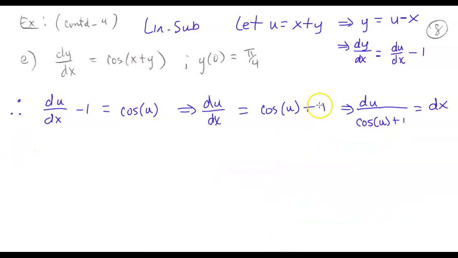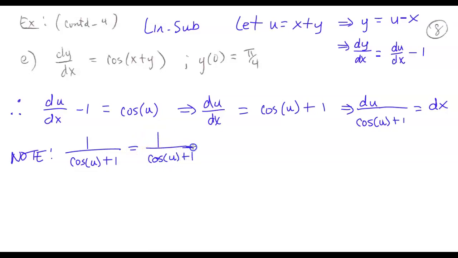All right, so let's take this left-hand side here for just a second. So let's note that 1 over cosine of u plus 1 is equal to 1 over cosine of u plus 1.